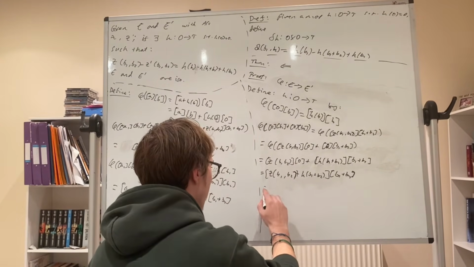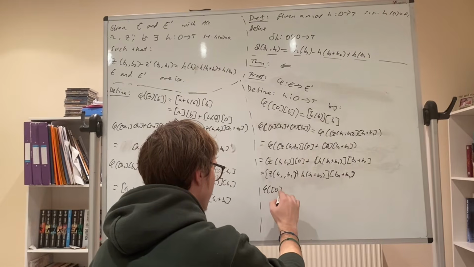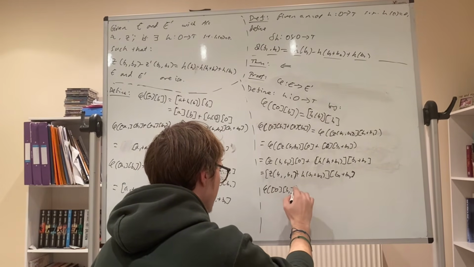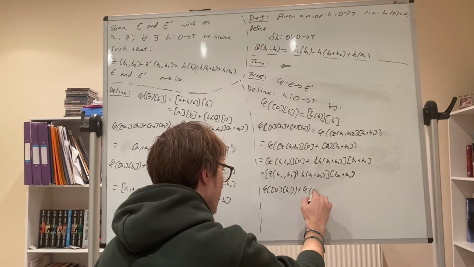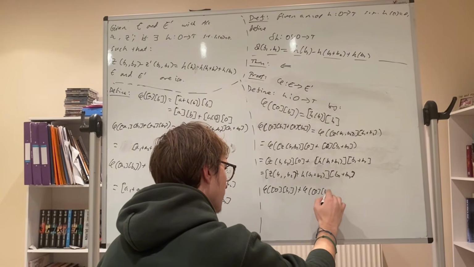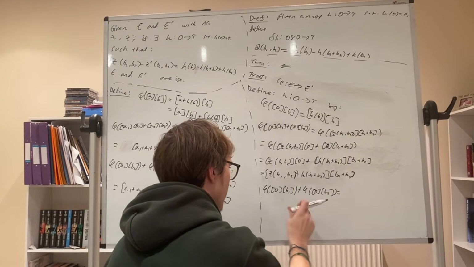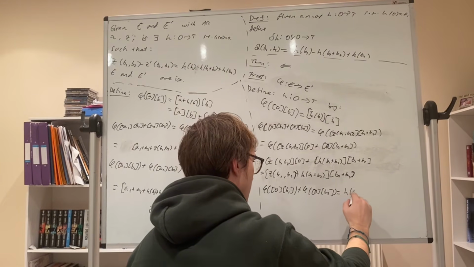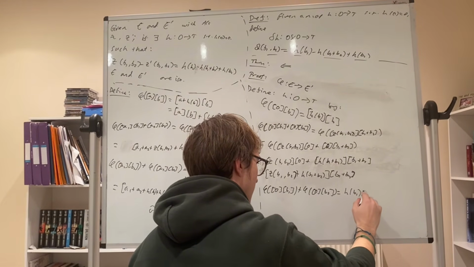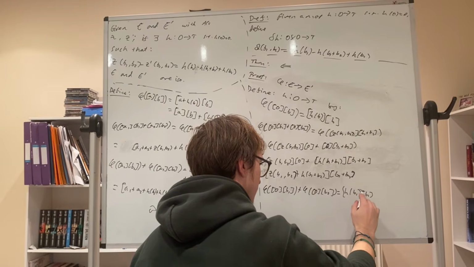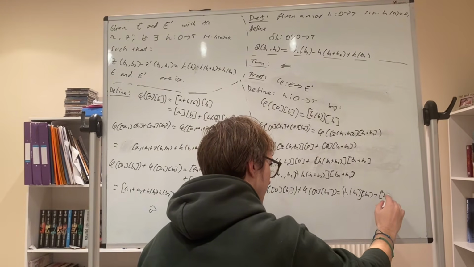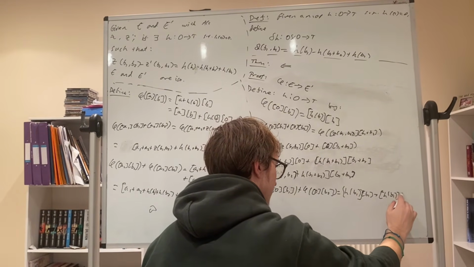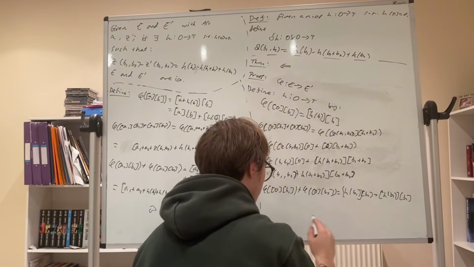But on the other hand, phi of 0 b1 plus phi of 0 b2 is equal to, well, this by definition is just h of b1, b1 plus h of b2, b2.